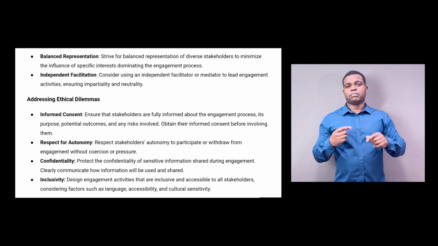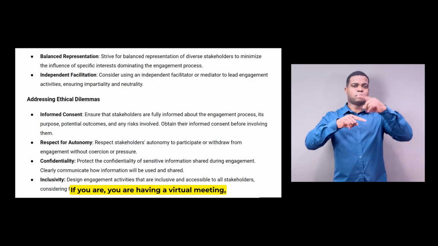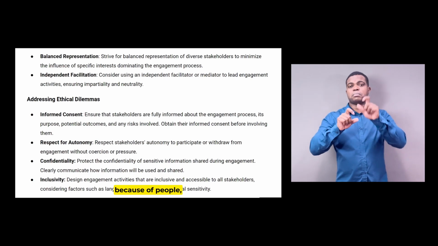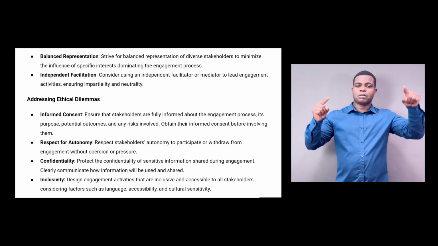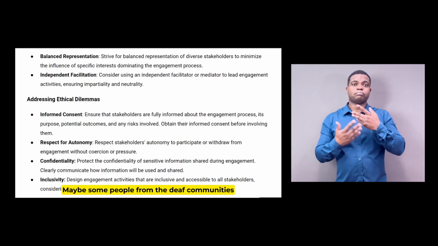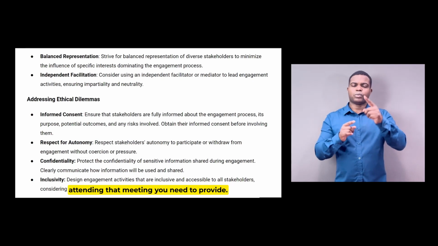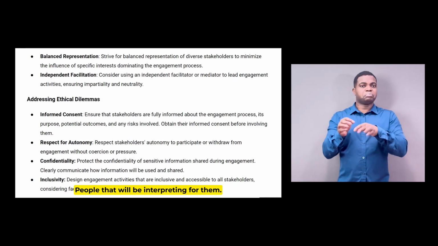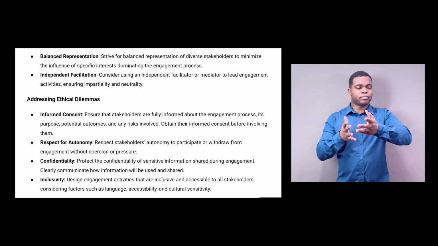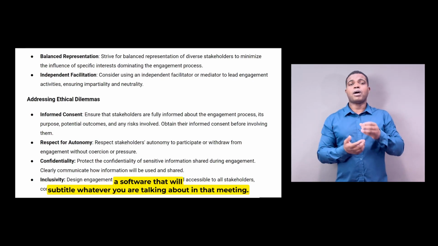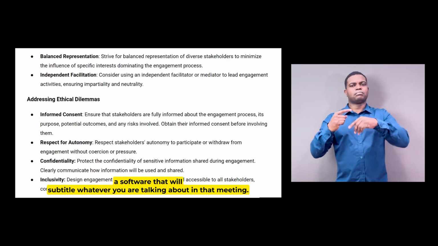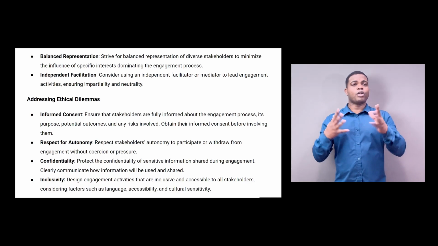For example, if you are having a virtual meeting, and maybe some people from the deaf community are attending that meeting, you need to provide people that will be interpreting for them, or you use a software that will subtitle whatever you are talking about in that meeting.